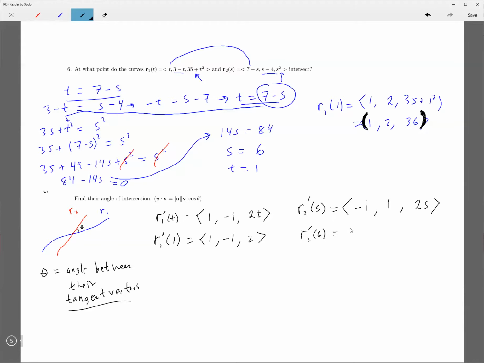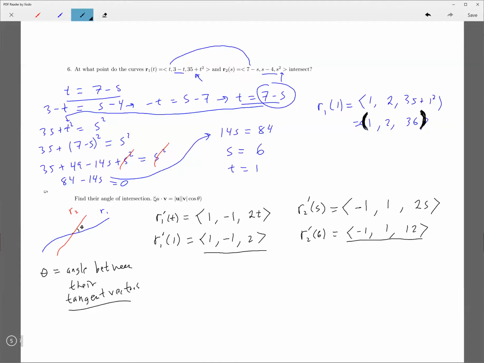Yes, so you put a 6 in and that's -1, 1, 12. Okay, so the angle between the curves is going to be the angle between these two vectors, between this vector and that vector.